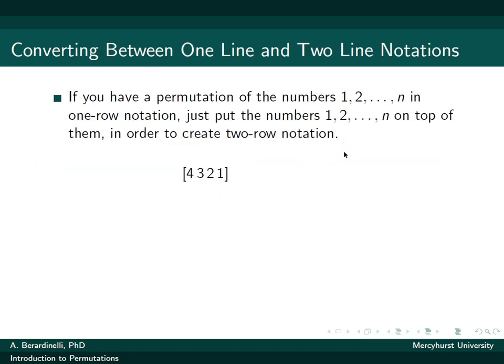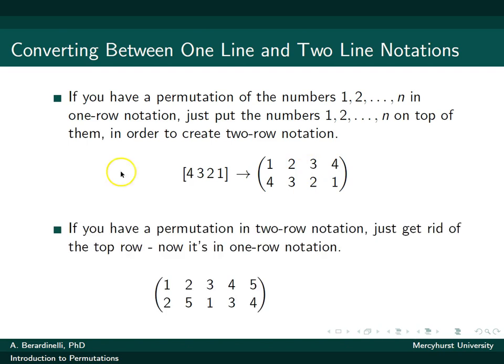And so if we want to go back and forth between one-line and two-line notations, here I have the ordering 4, 3, 2, 1 in one-row notation. And to put it in two-row notation, what's the difference? Well, I just add the numbers 1, 2, 3, 4 in order to the top. So 4, 3, 2, 1 becomes 4, 3, 2, 1 in the bottom row of two-row notation.